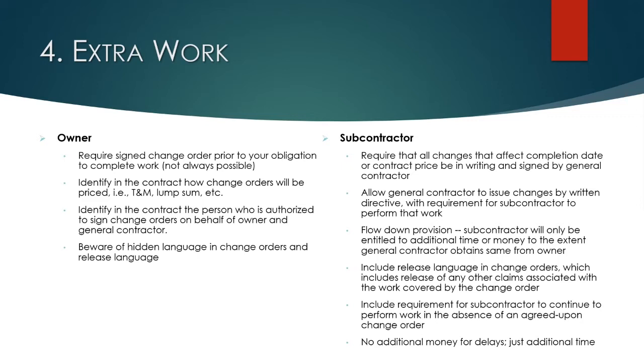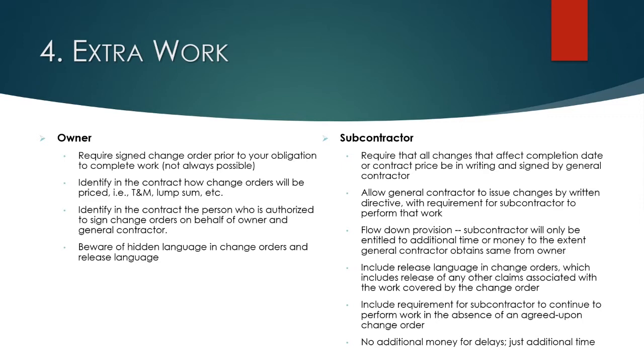You also want to make sure in your contract documents that you identify, whether it's in the prime contract or the subcontract, who's authorized to agree to those change orders. We've seen situations where the party that's identified, or there's no party identified in the contract, is not the one who is actually signing the change orders.